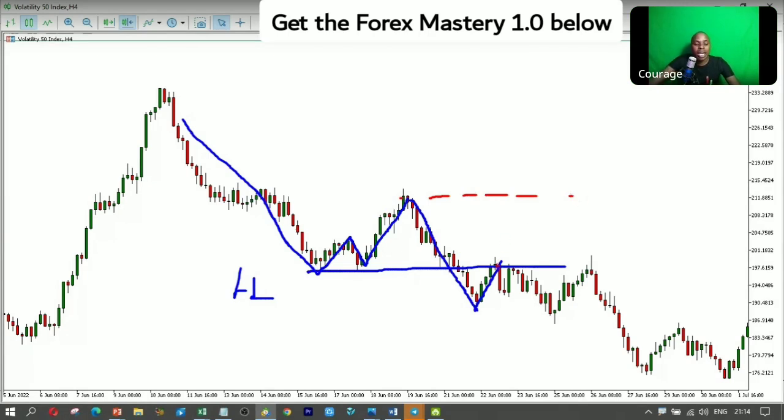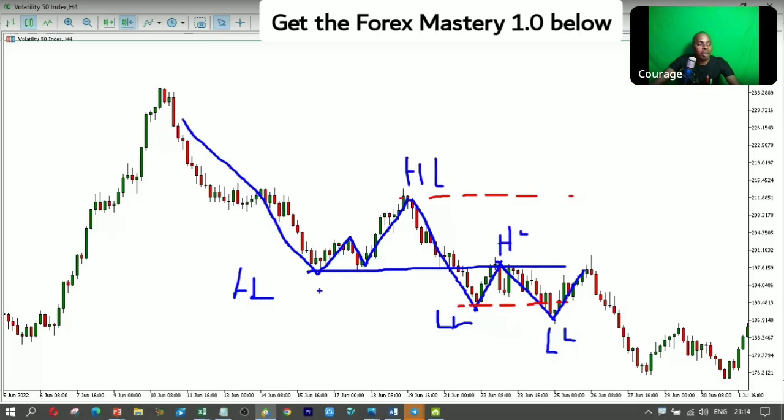Now what the market does next, it moves down again, breaking past this lower low. So this was another lower low right here. When the market breaks past this lower low, now we have a new lower low. When the market is now moving up again, if it doesn't break past this recent higher low here, because this is called a higher low, this is called a lower low.